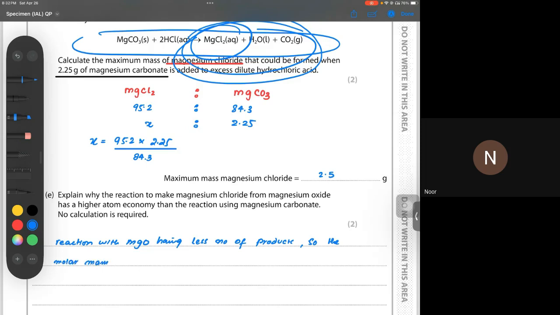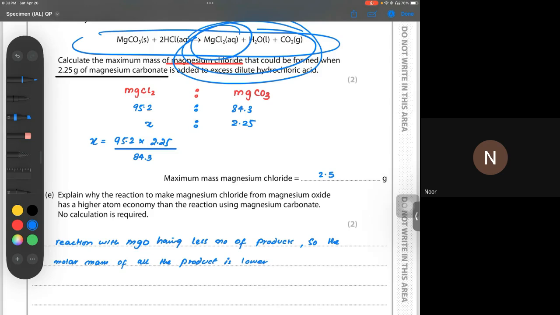So the molar mass of all the products is lower, which means that the denominator is lower. Of course I can say the lower the denominator, the higher the atom economy would be. It's very simple.